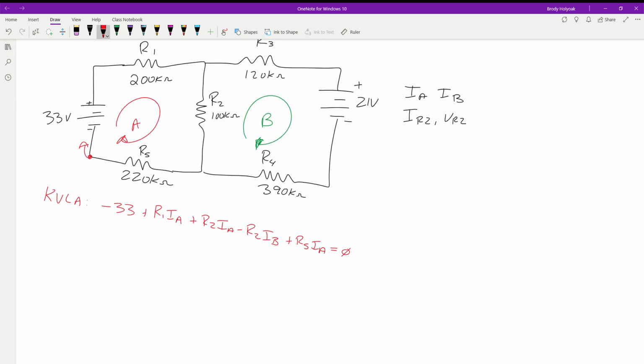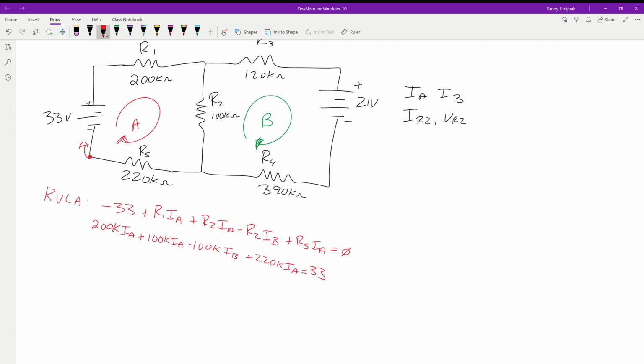Then we plug in our values: 200K IA plus 100K IA minus 100K IB plus 220K IA is equal to 33. I'm just shifting that 33 over.